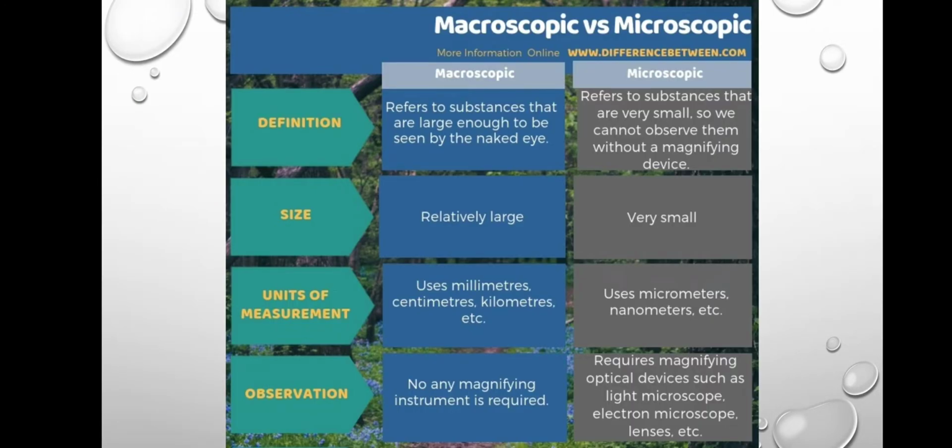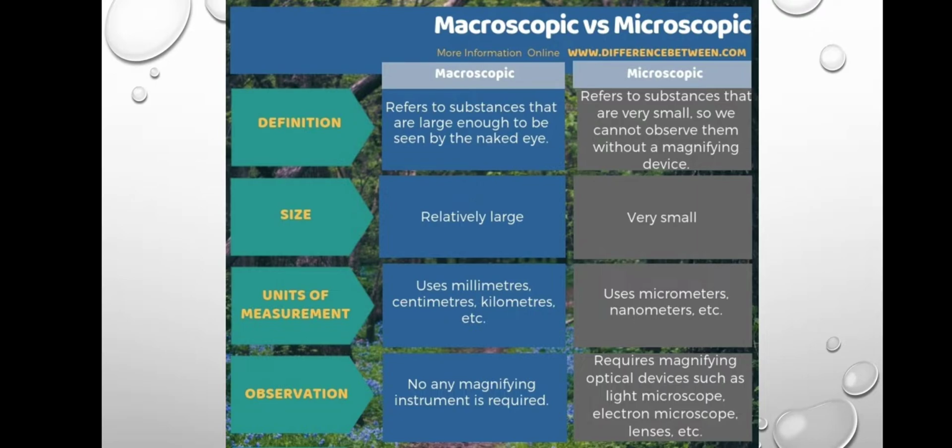Now we have two major quantities in physics. One is called macroscopic and one is called microscopic. Macro means large quantities, right? It may be force, it may be mass, anything that is measurable in larger quantities is called macroscopic. Now microscopic is what? Micro means very small substances.